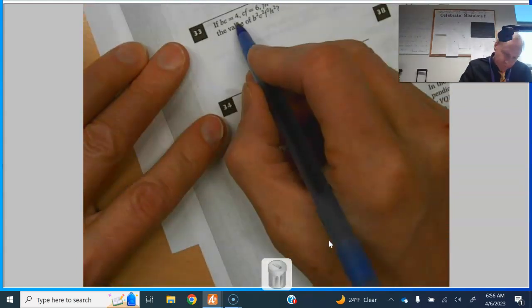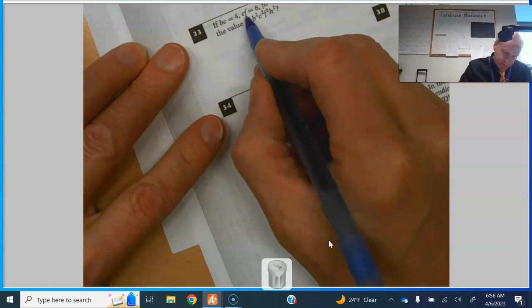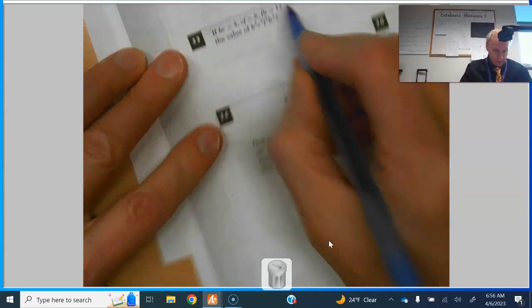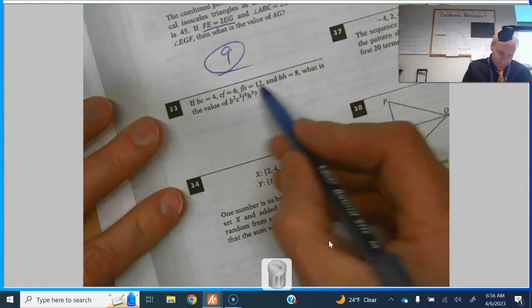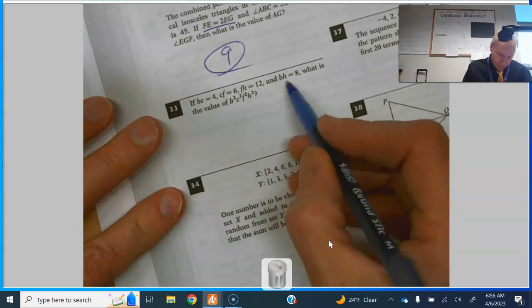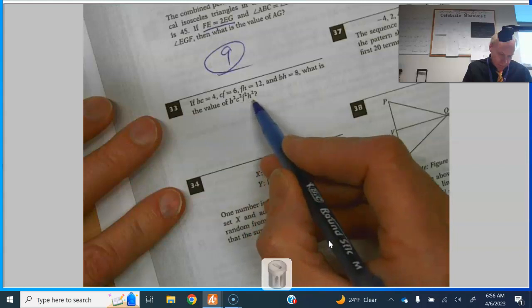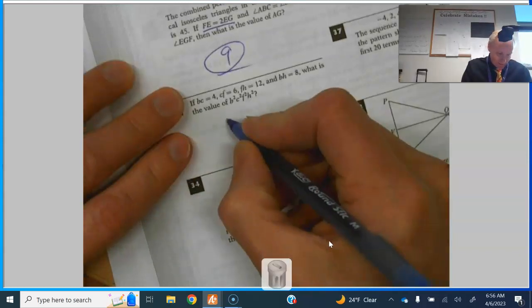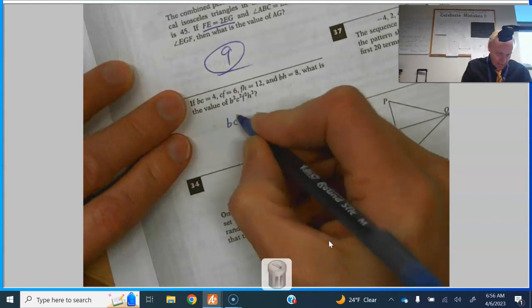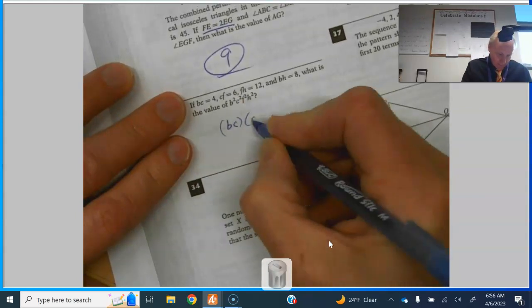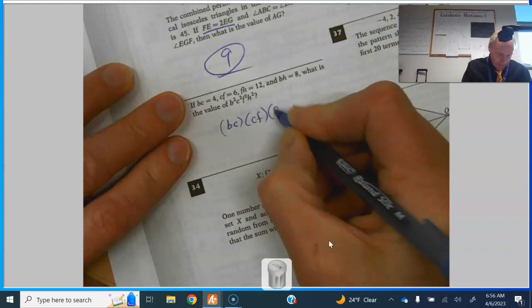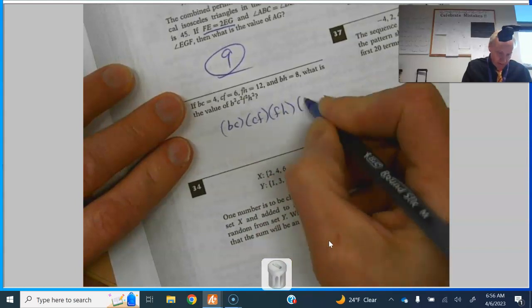If BC equals 4, CF equals 6, FH equals 12, and BH equals 8, what is the value of... Interesting. You guys are going to like this. Watch what I'm going to do. I'm going to take BC times CF times FH times BH.